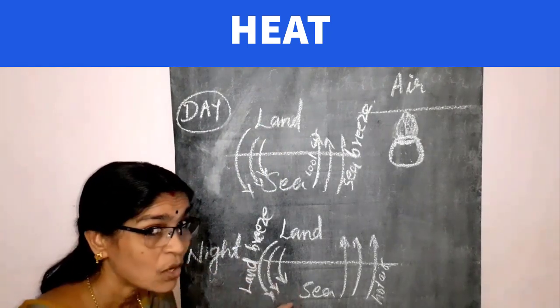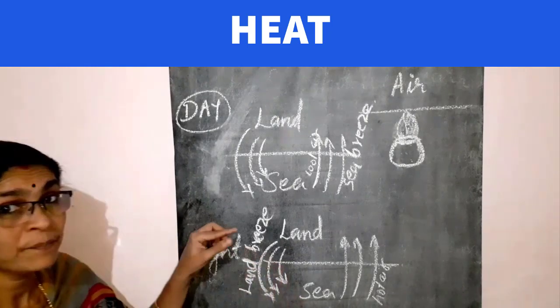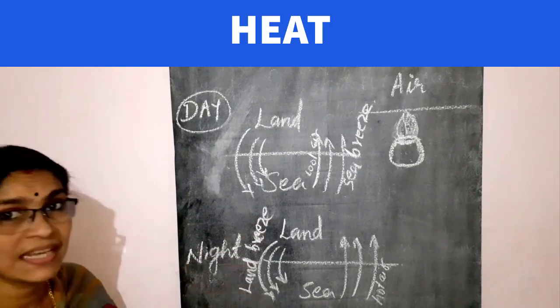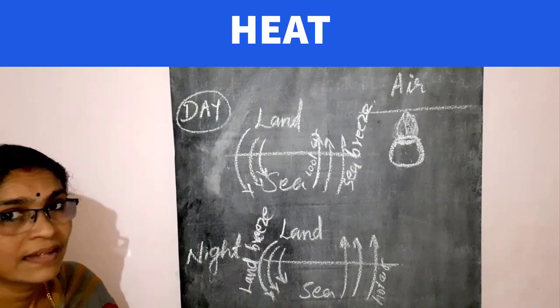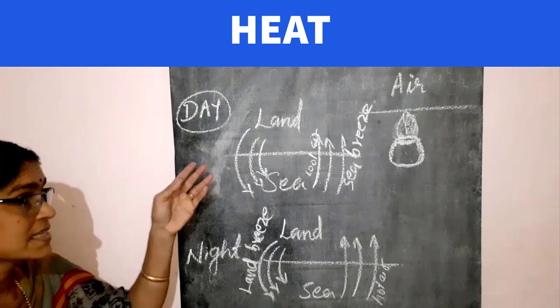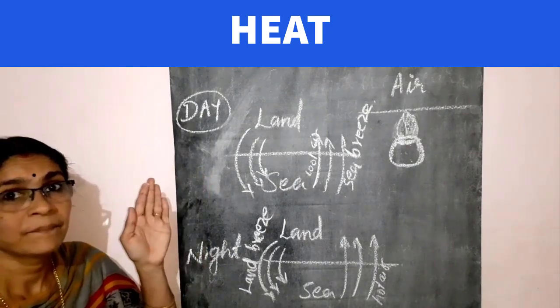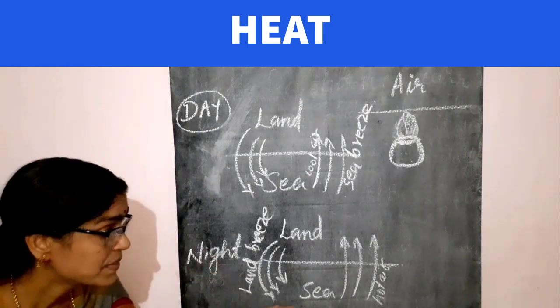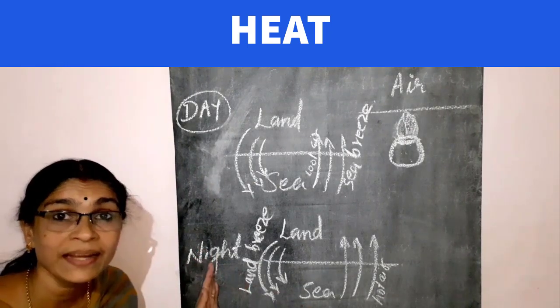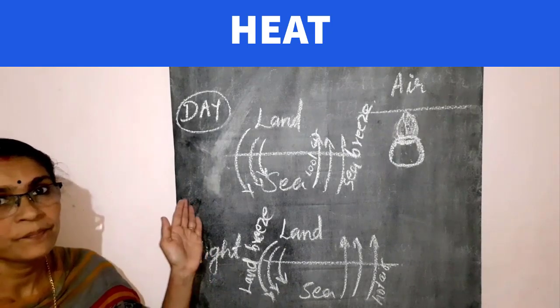The movement of cold air from land to sea is called land breeze. Sea breeze takes place at day, but land breeze takes place during night. Did you follow?